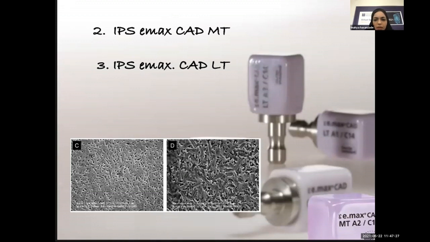MT blocks demonstrate a medium translucency and they are used for restorations that require more brightness than HD restoration and more translucency than LT. So it's something between LT and HD.